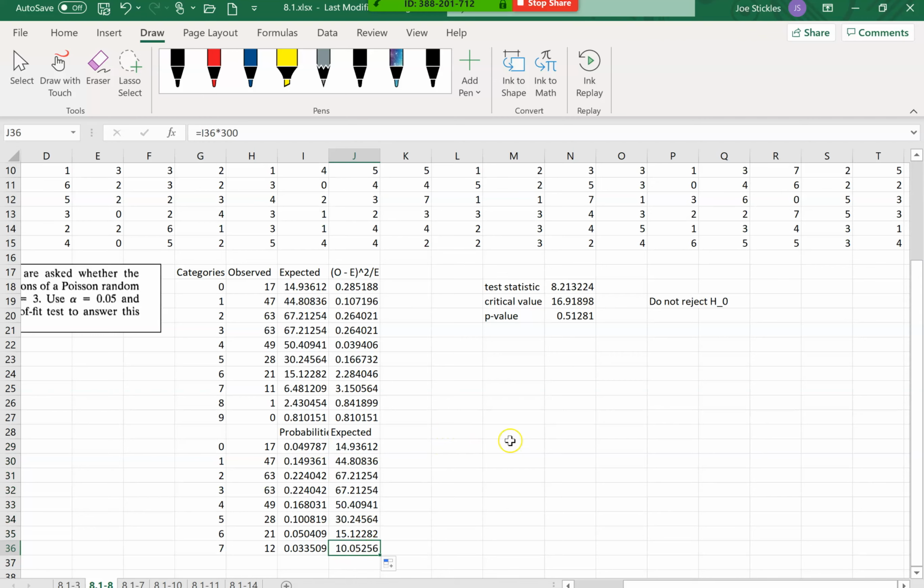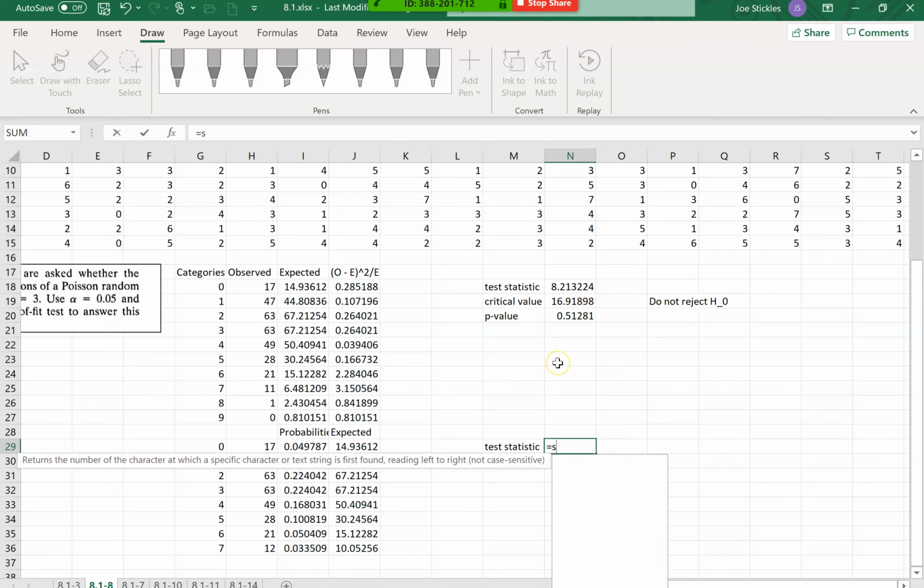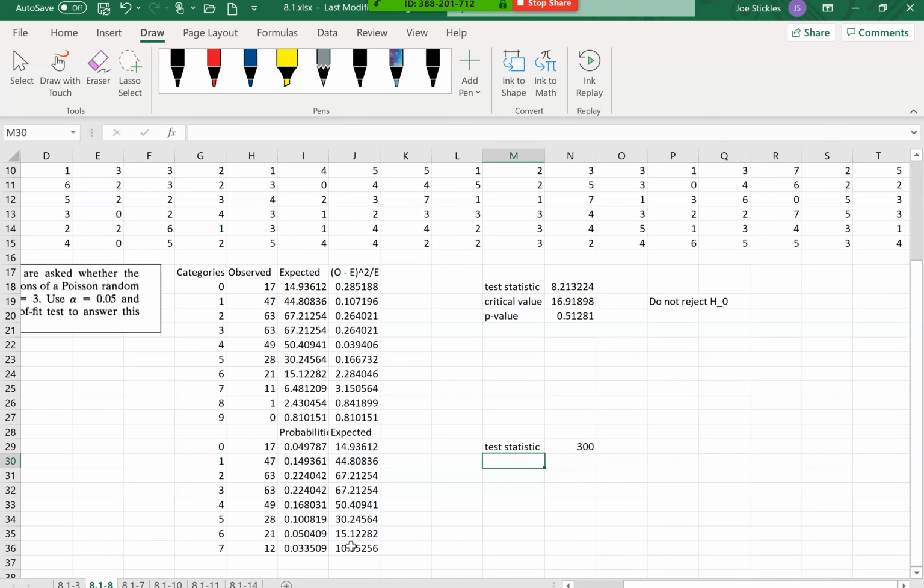And now, if we do our test statistic, I want to add up all of these values. Oops, I added up, I didn't do my computation, sorry. That's why I got 300.